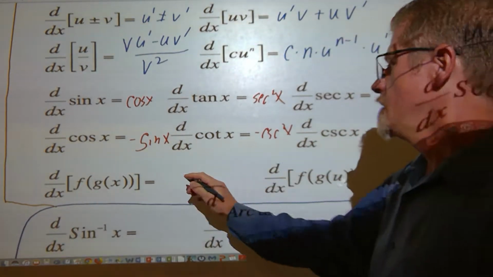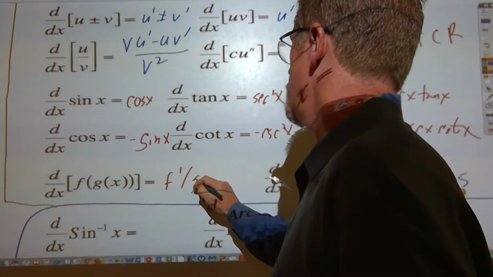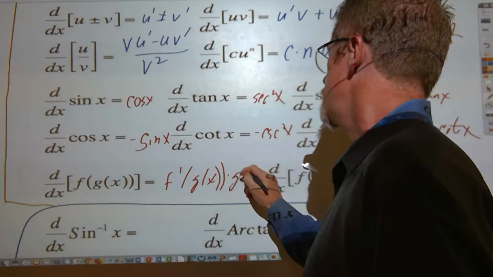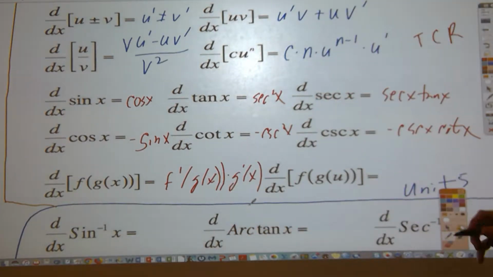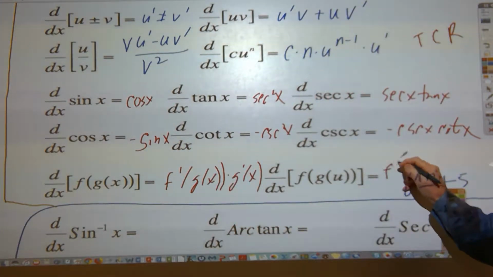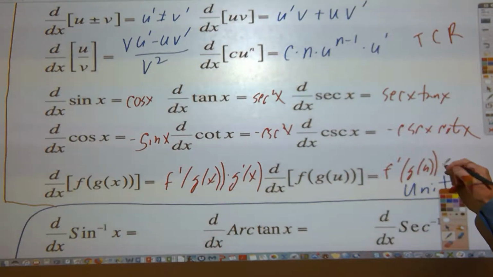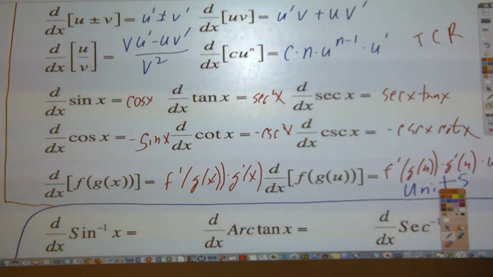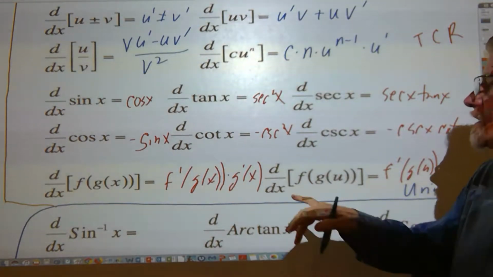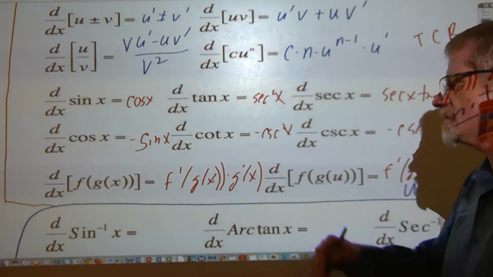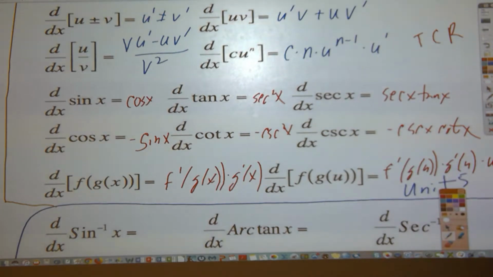Just reviewing the chain rule: f prime of g of x times g prime of x times dx dx. And this one is f prime of g of u times g prime of u times u prime. Notice I didn't have to write dx here because it simplifies to 1, but I do have to write du dx, which is u prime.